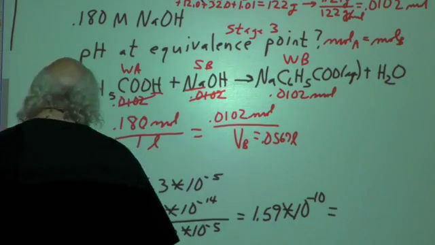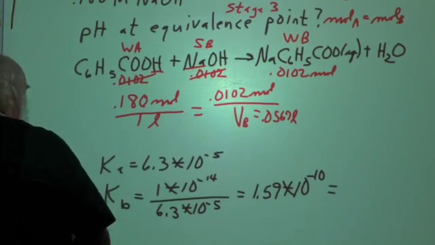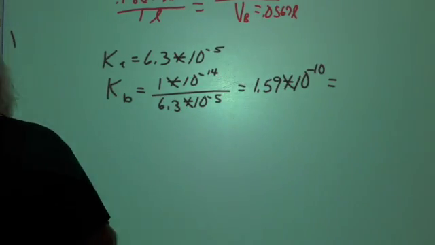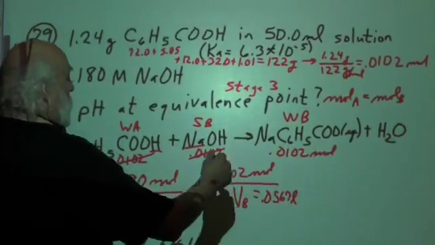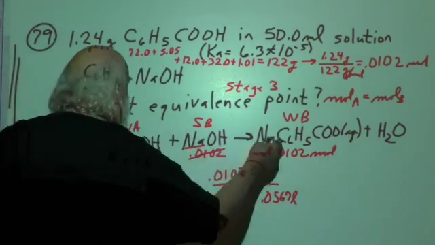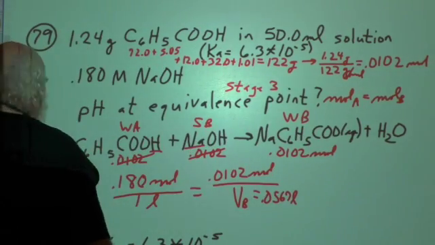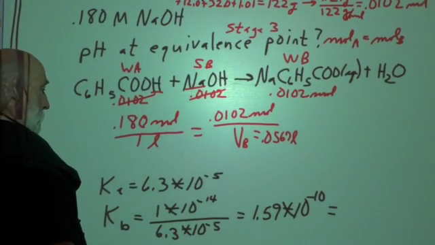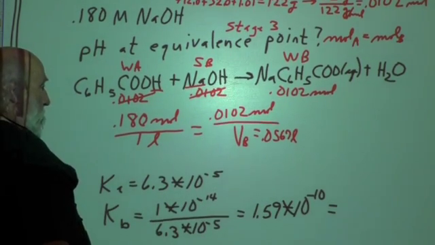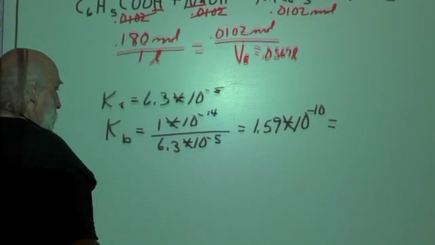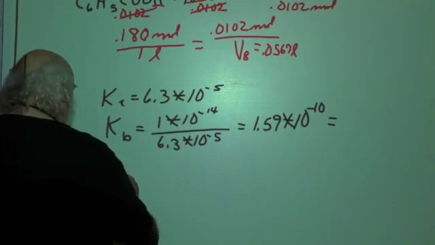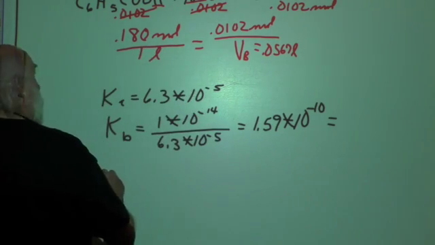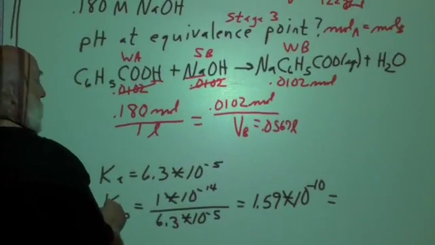Equals, now, because I have a weak base dissolving in water, this is going to be the reverse reaction now. These two added together to give me this. Okay? So, let me write down that equation before I get too ahead of myself.